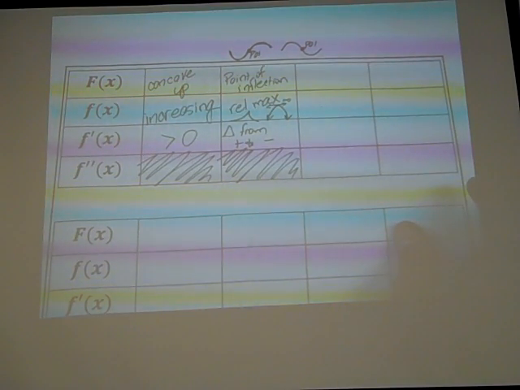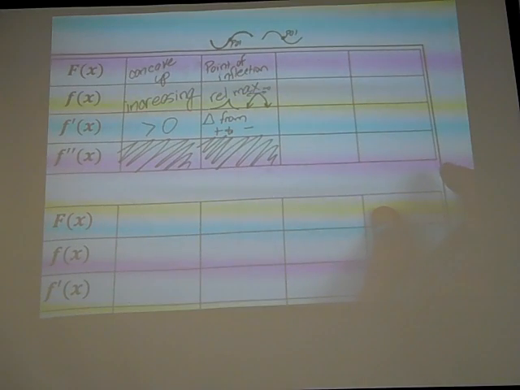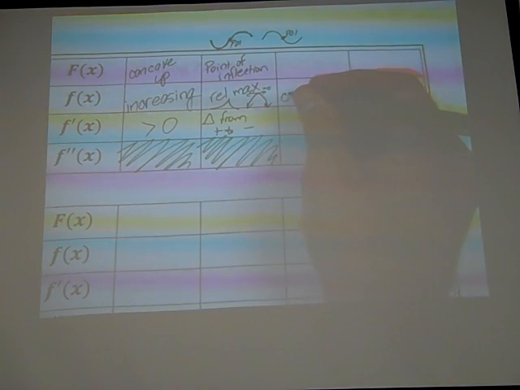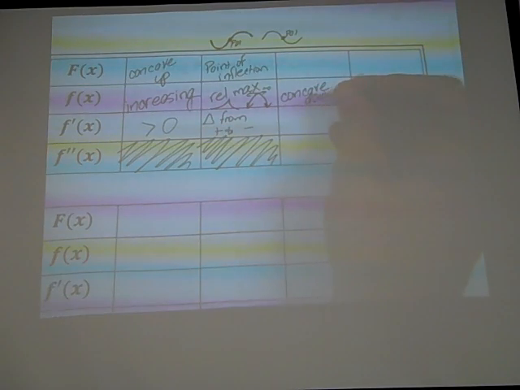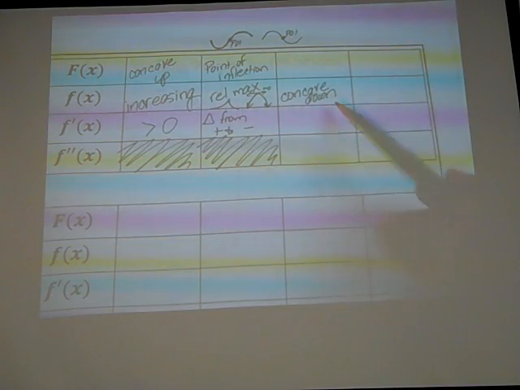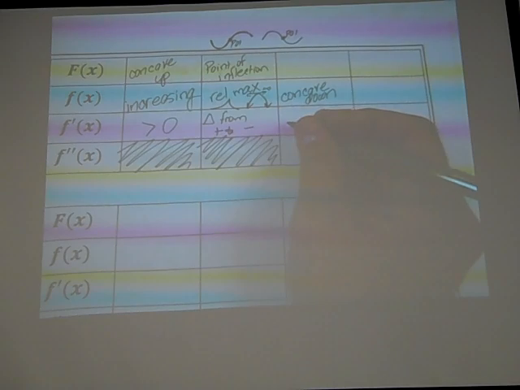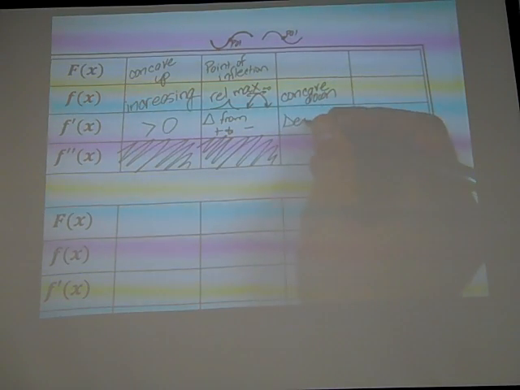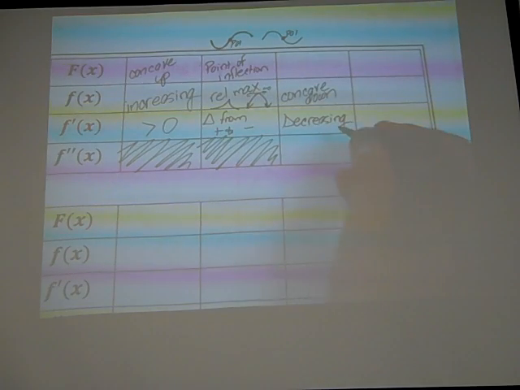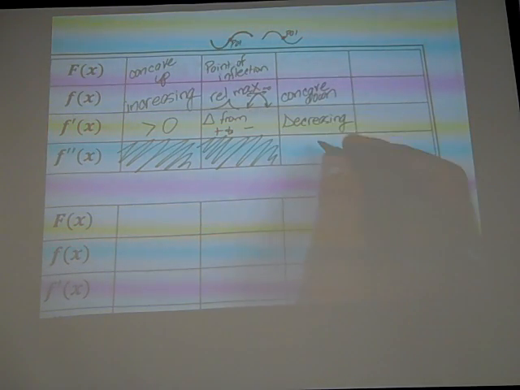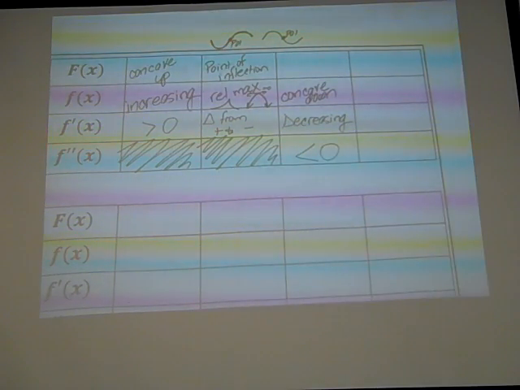All right, well, what are some other things that we would know for sure? If I told you that the original function was concave down, then you could tell me with certainty that f prime is decreasing. And if f prime is decreasing, then the derivative of a decreasing function is going to be negative.